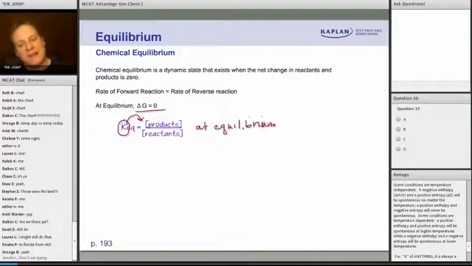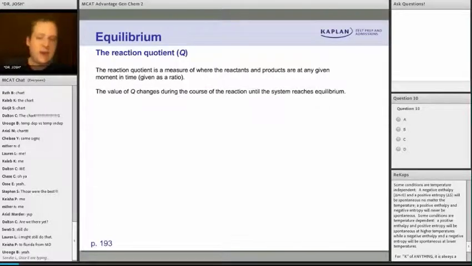So this is a very specific ratio for your reaction. Your reaction will tend toward this. If it's not there, it's going to keep going. Are we there yet? And so to determine whether or not you are there, you look at the reaction quotient. Equilibrium constant is where you're going. Reaction quotient is where you are now.